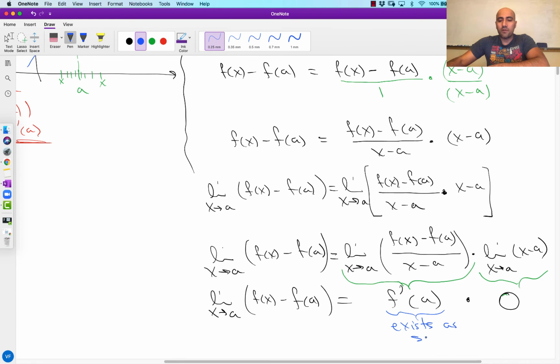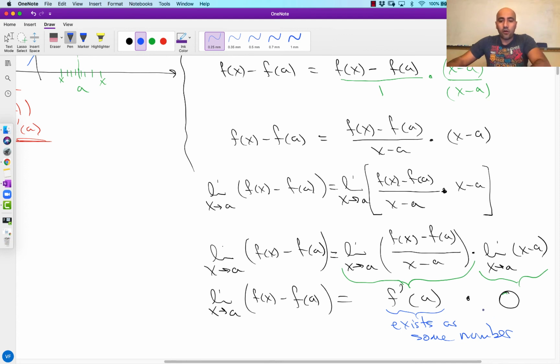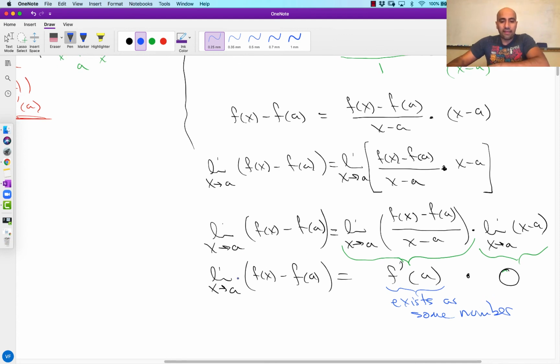And some number times 0 is going to be equal to 0. So from all of this, we can conclude that the limit as x approaches a of f of x minus f of a equals 0.